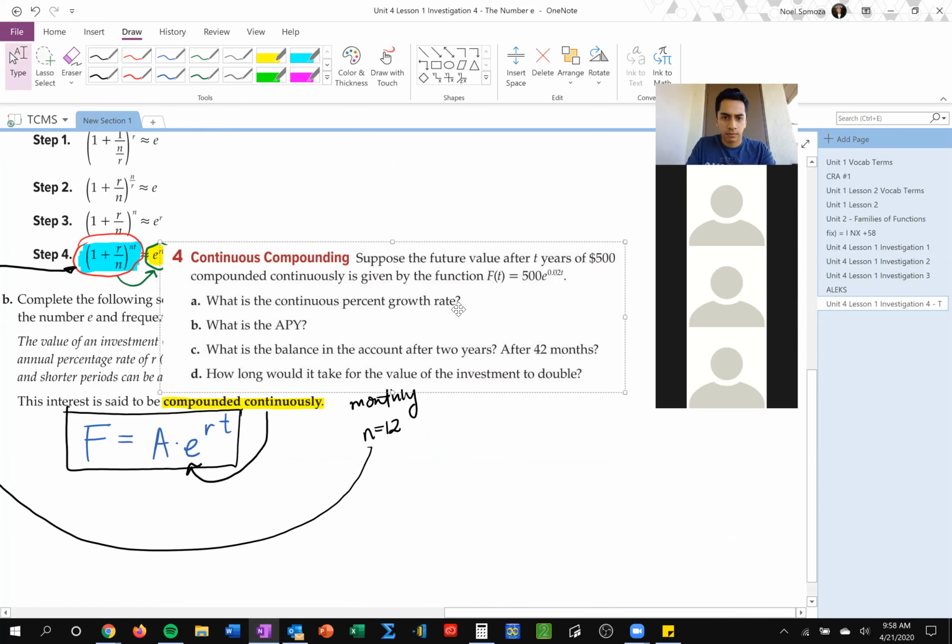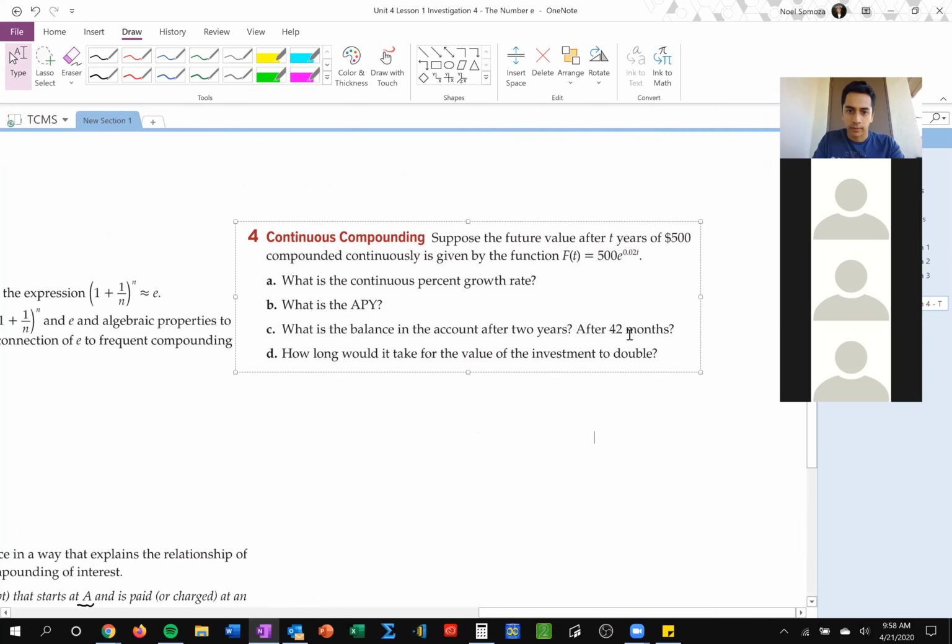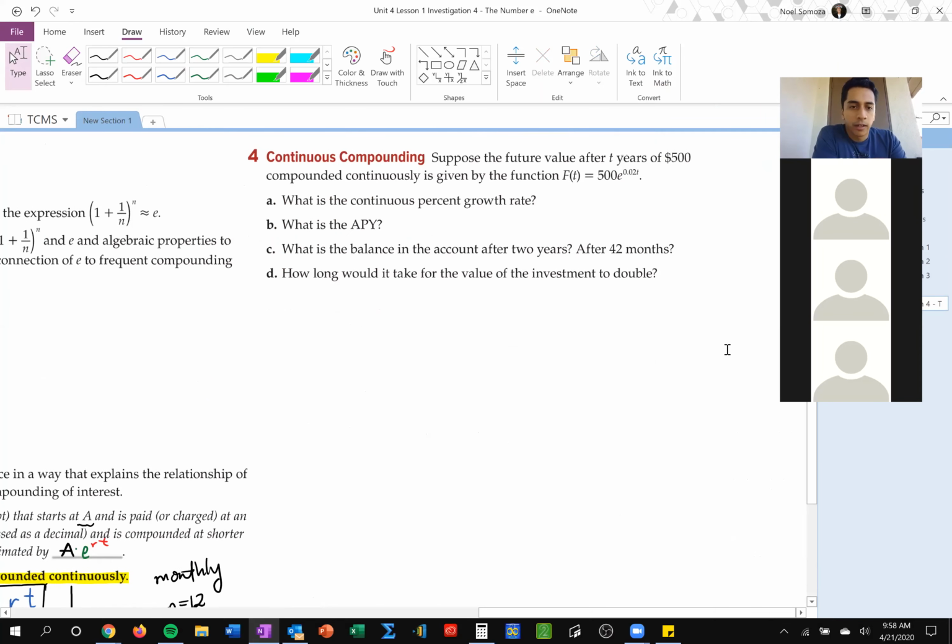Okay, so suppose the future value after t years of $500 compounded continuously is given by this function. So we have a $500 amount that was initially deposited. That's our A value right there that shows up as the constant for this function.